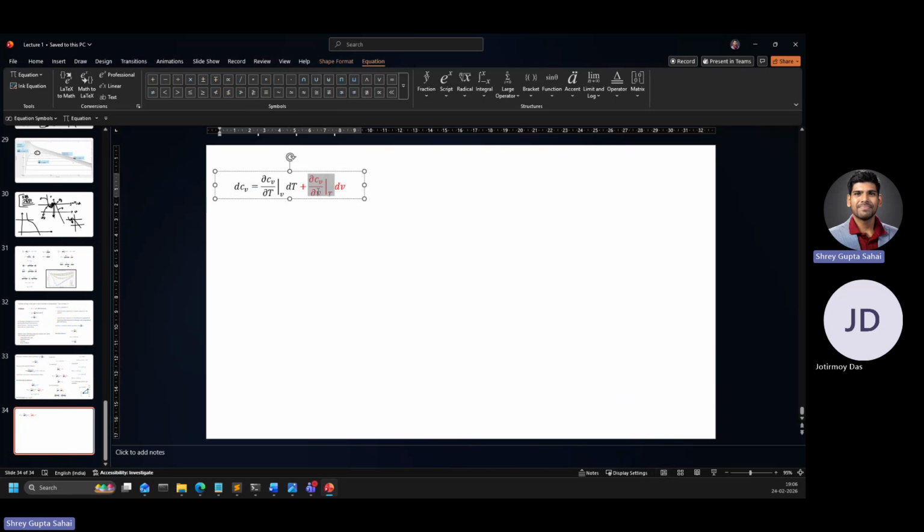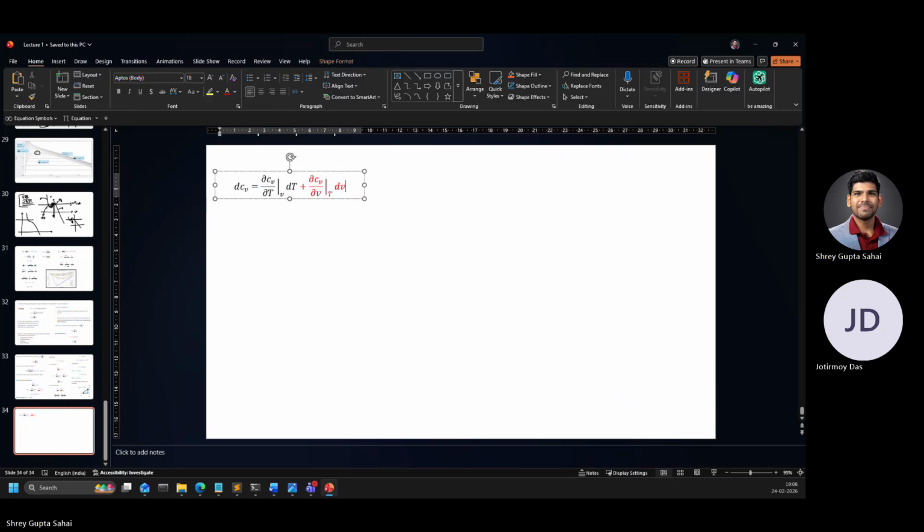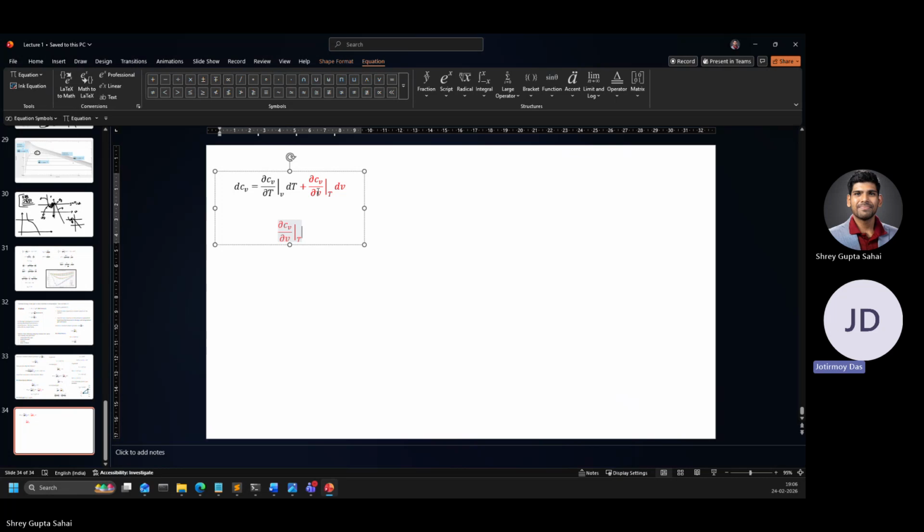Say this quantity, normalized by what? How can we normalize this? We can normalize this by V star or V ref, and by Cv ref.